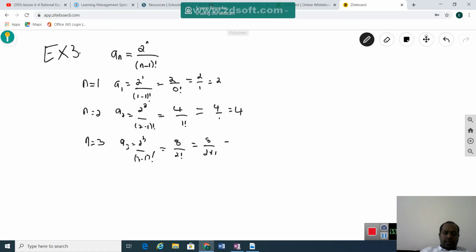And 8 over 2 will be 4. So the third term will be 4.